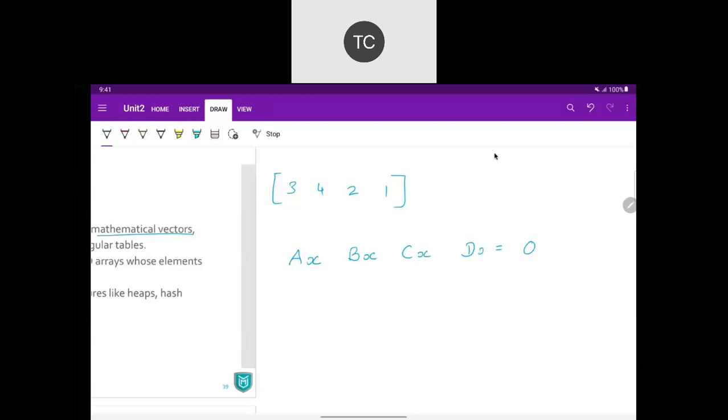Right? Where we just need to remember coefficients. Otherwise, equation structure is fixed. We just need to remember coefficients.